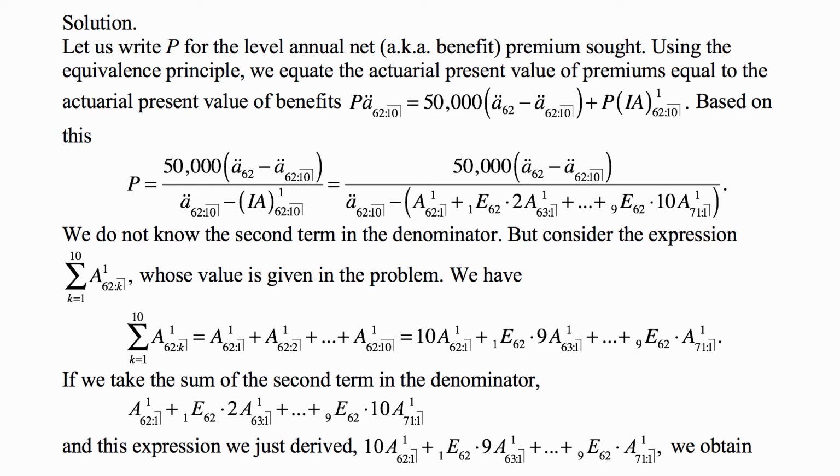If we take the sum of the second term in the denominator that we have and the expression we just derived, one of them goes up, the other one goes down. I call this the 7-year-old Gauss rule: if you have two expressions, one of them goes up, the other one goes down, and they do it in the same fashion and at the same rate, then if you add them up, you get something that is constant.